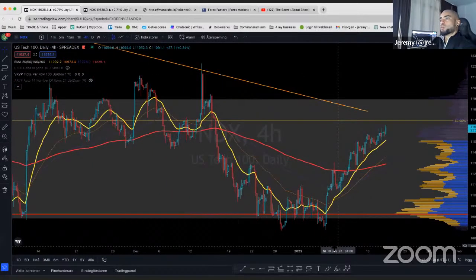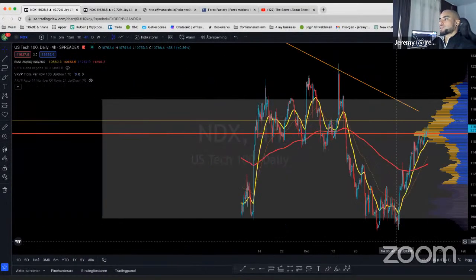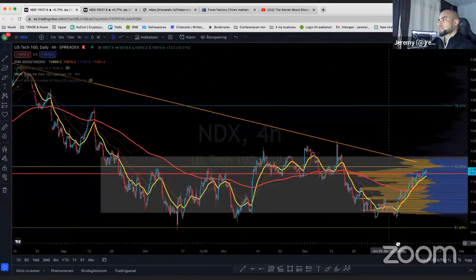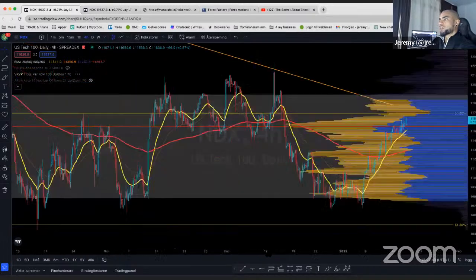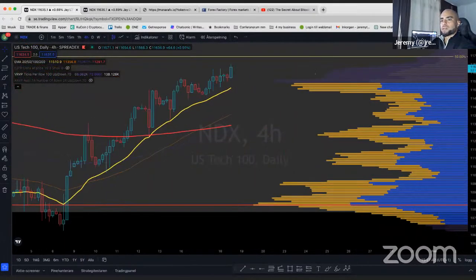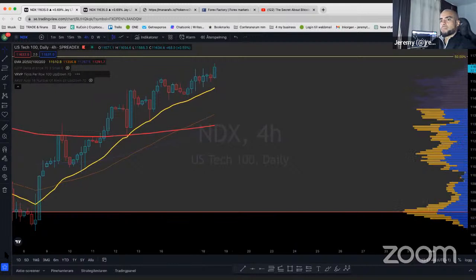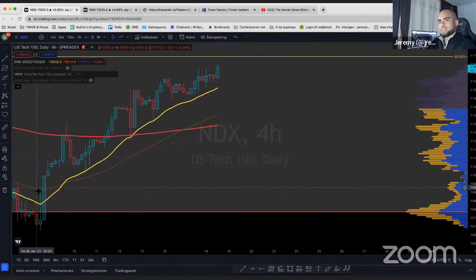I already know because I pre-checked the market a little bit, but we want to know where the volume is from this last swing. The last swing I'm talking about in this case is from this bottom up here. So you can see that the volume is concentrated in this area.